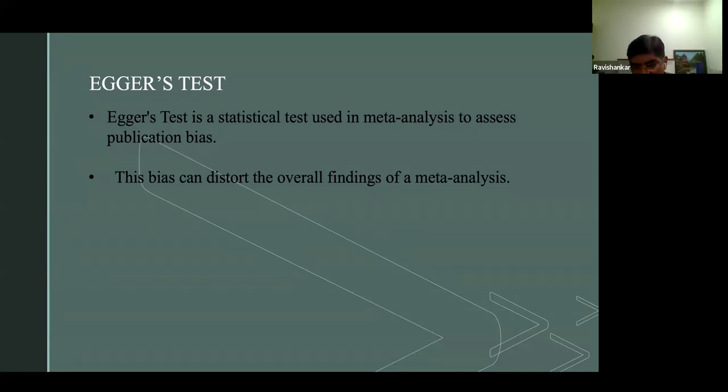Correct. So basically, you conveniently hide the negative results and only publish the positive results. For example, if you're trying out a drug that is controlling blood pressure, and there are 50 patients who have responded and 40 patients who have not responded, you conveniently hide this one and just publish the figures of the patients who have actually responded.